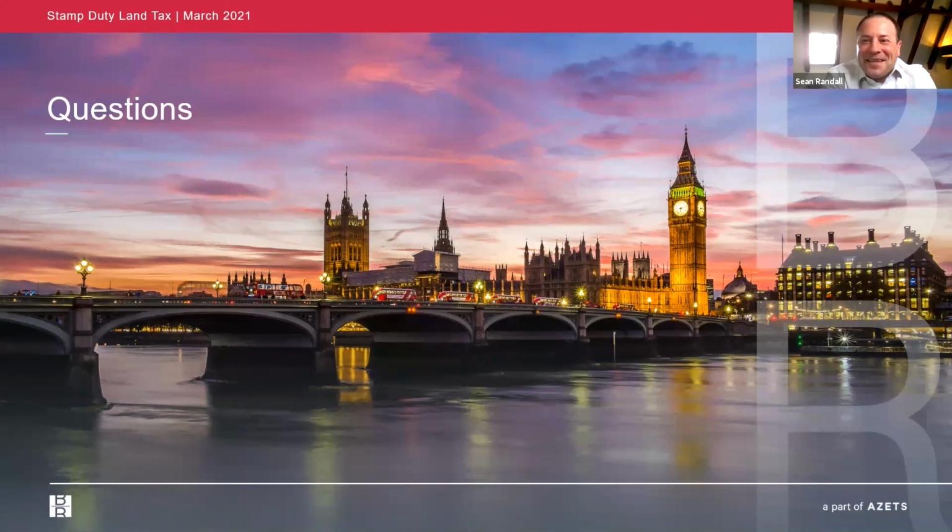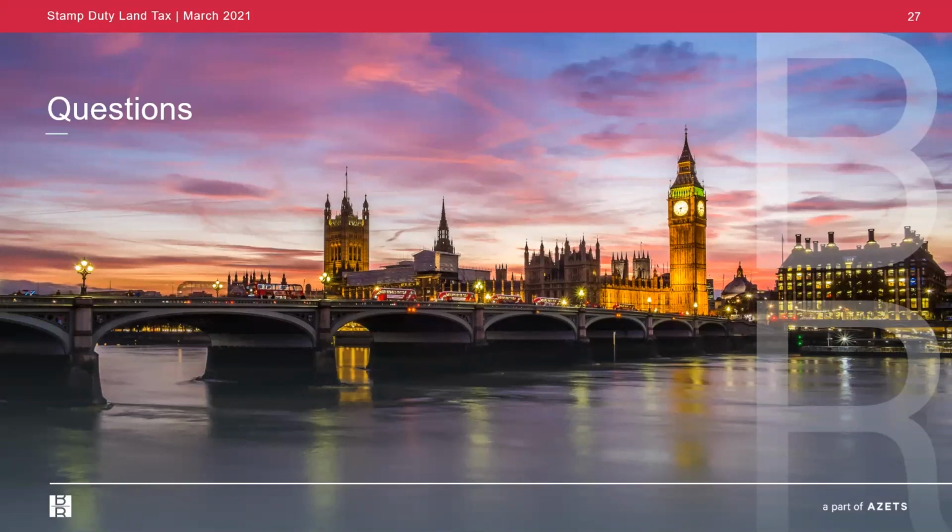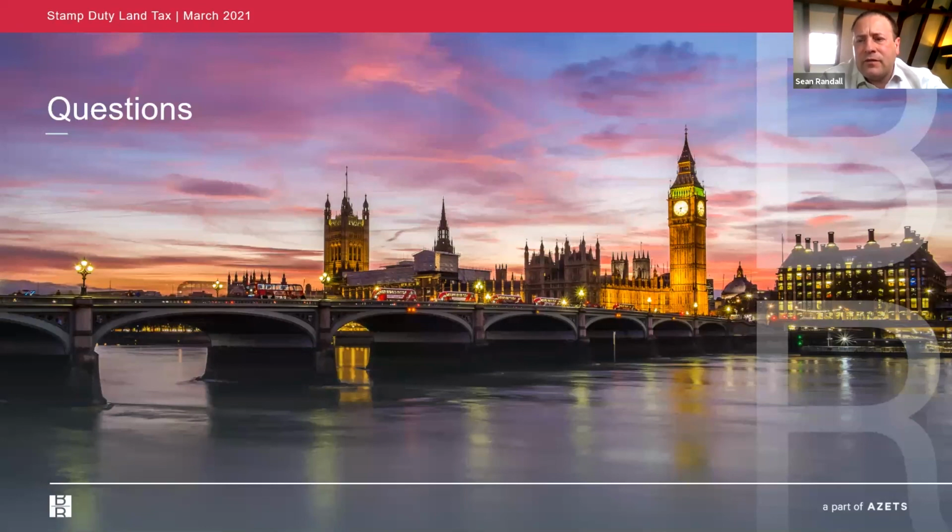Can you confirm if MDR applies when buying 2 leasehold flats from different sellers within the same building and then acquiring the freehold, so the leasehold will then merge? Well, firstly, the problem I would have is that if they're buying the 2 leasehold flats from different sellers, unless the sellers are connected, it's not going to be regarded as a linked transaction.